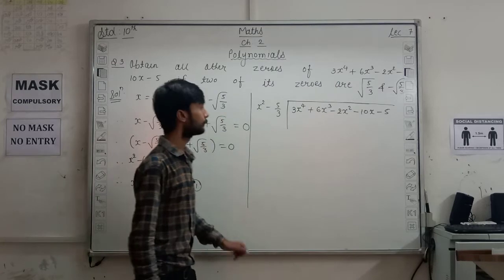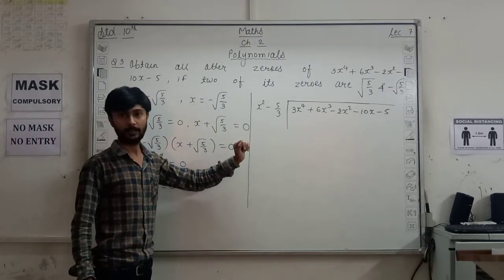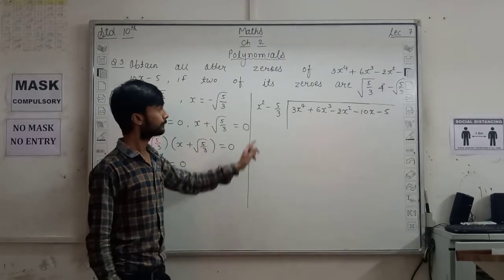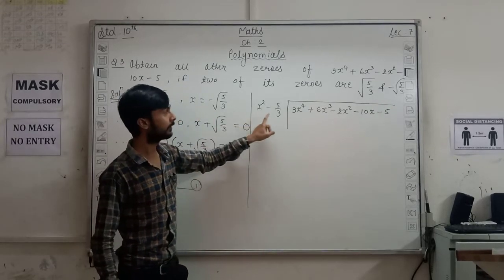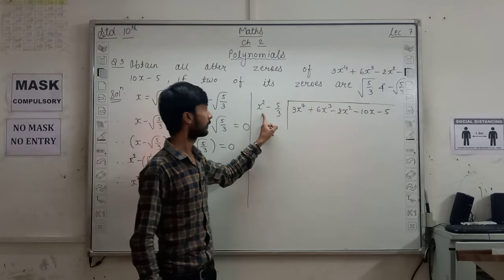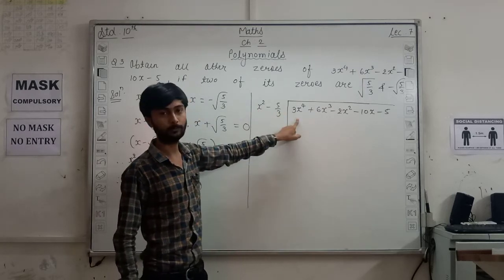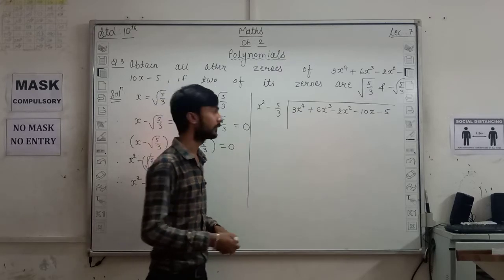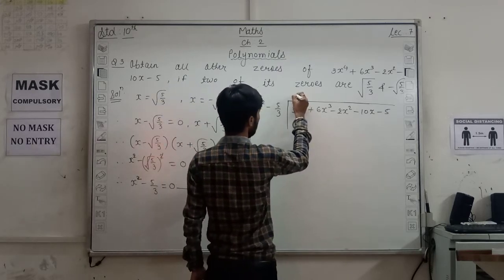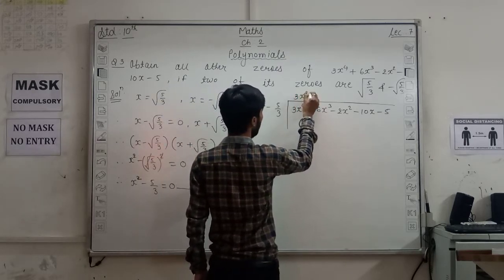Okay, now x² minus 5 by 3, right? So multiply x² to get 3x⁴, x² times x² is x⁴, so we have to multiply by 3. Okay, so multiply by 3x², right?